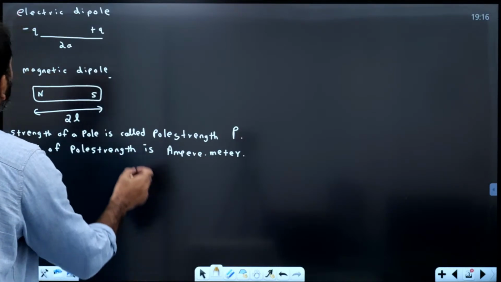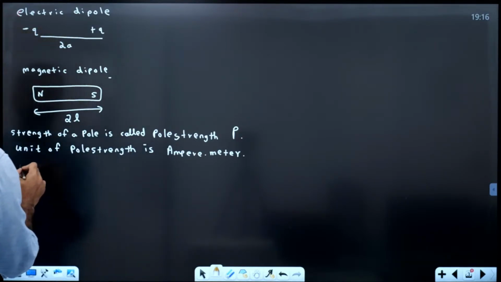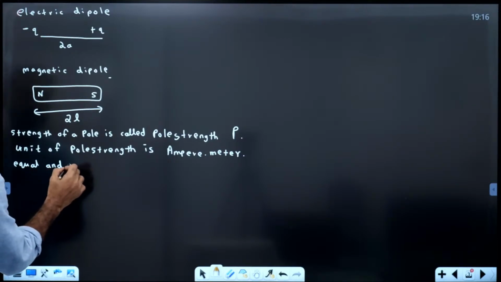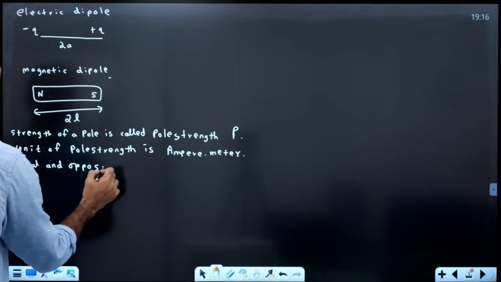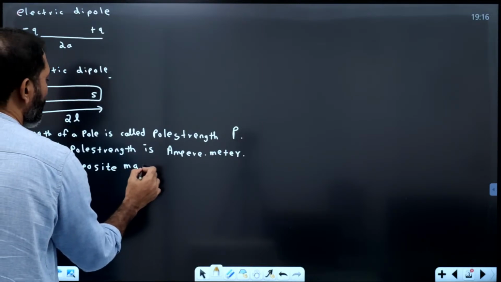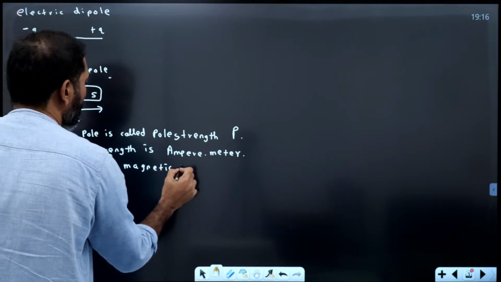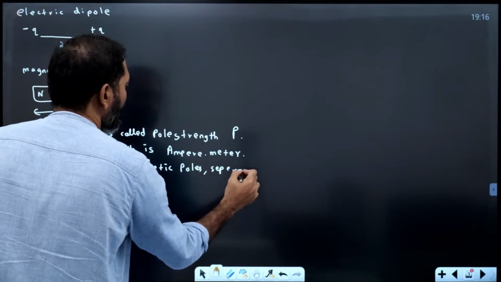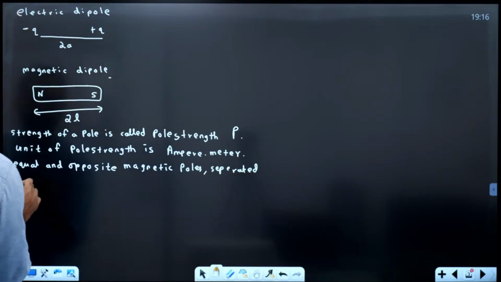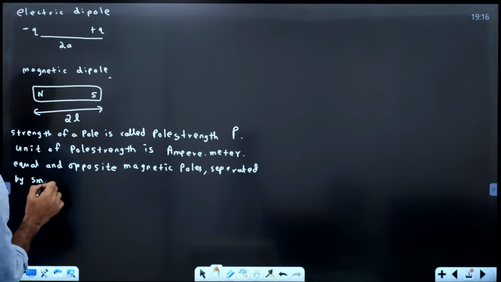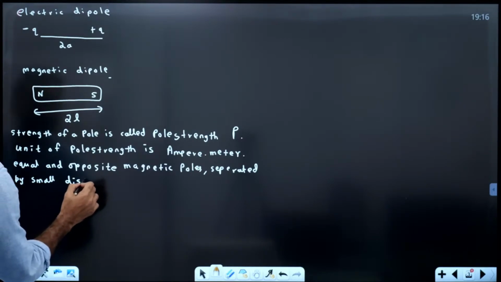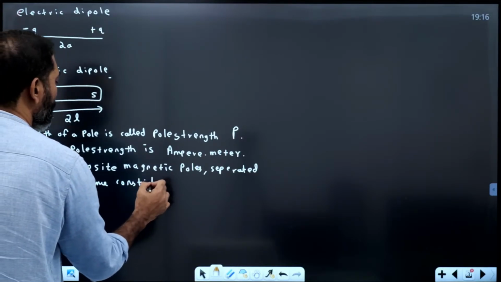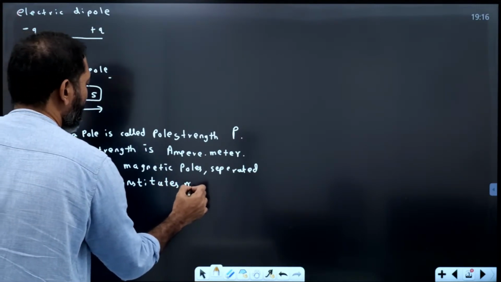Similarly, as in the electric dipole case, equal and opposite magnetic poles separated by a small distance constitute a magnetic dipole.